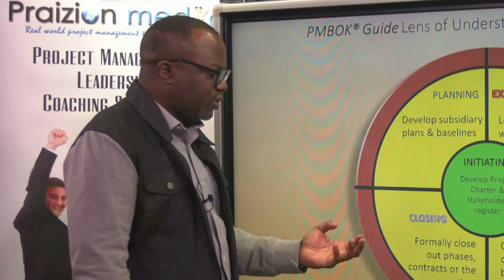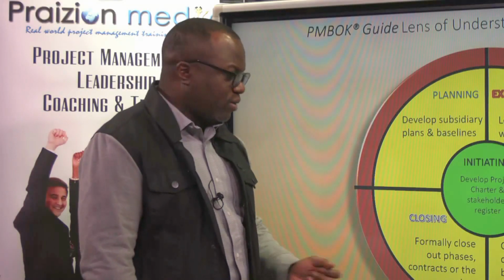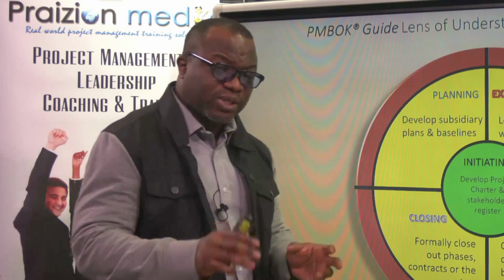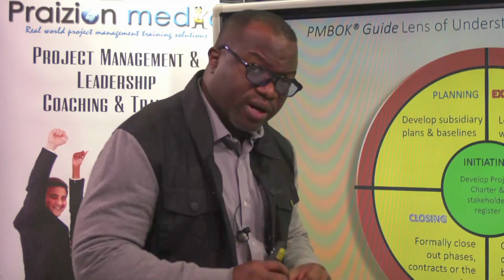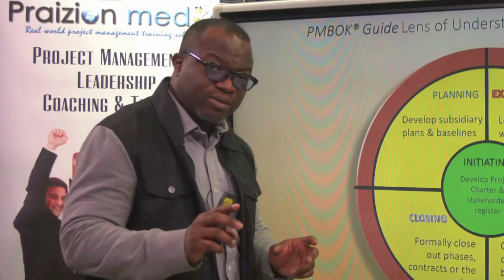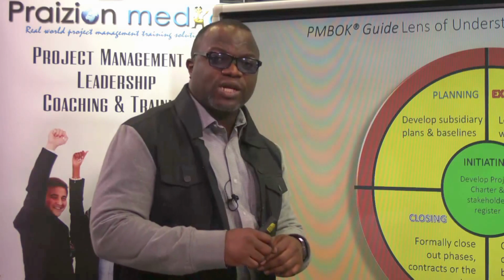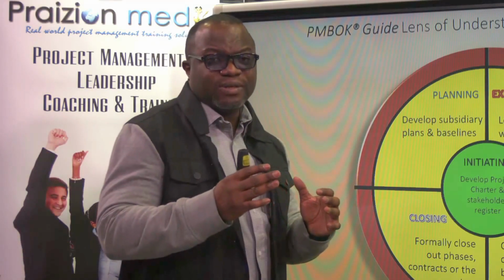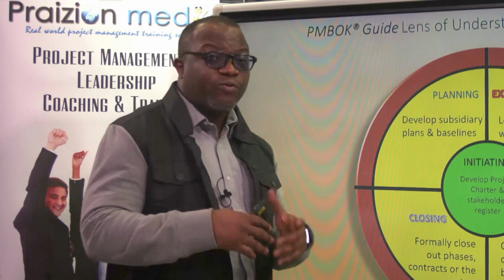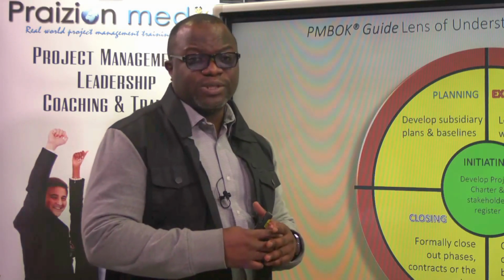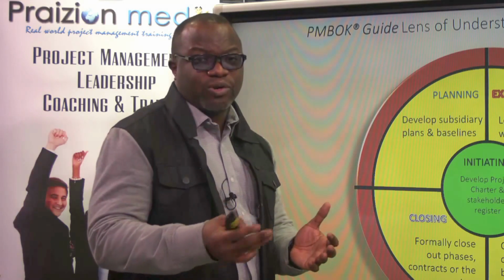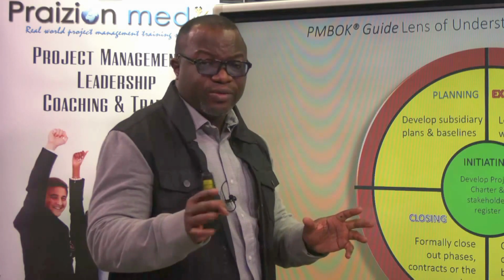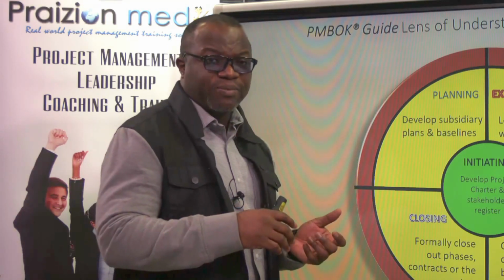And now we've got the final one, closing. In the closing process group, this is where we formally close out phases. Phases? Yes, phases. Have you studied chapter 2 in the PMBOK guide where we talk about those phases, phase-to-phase relationships, different types of projects, different approaches to project management, fully plan-driven project management, or change-driven project management, agile methods, you know those terms, iterative methods or approaches to project management.